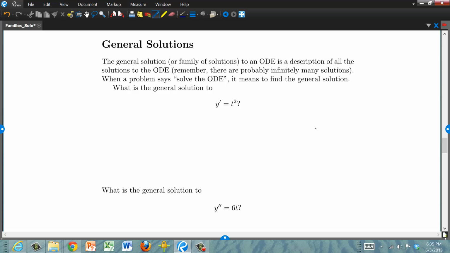A description of all the solutions to a differential equation is called the general solution to the differential equation. And that's not so much a function as it is a description of all the functions. So remember, the solution to y prime equals t squared was y of t equals t cubed over 3, and then any constant I liked here. So I'll write a plus c.